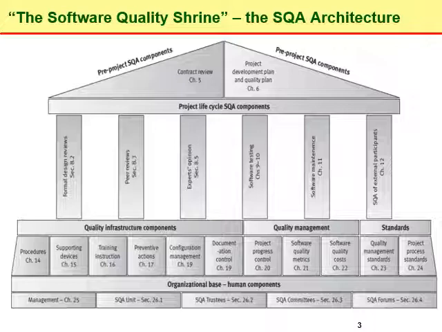Specifically, the contract review activities include clarification of the customer requirements, so that there are no ambiguities from the customer side. Similarly, a review of the project schedules and resource requirement estimates.